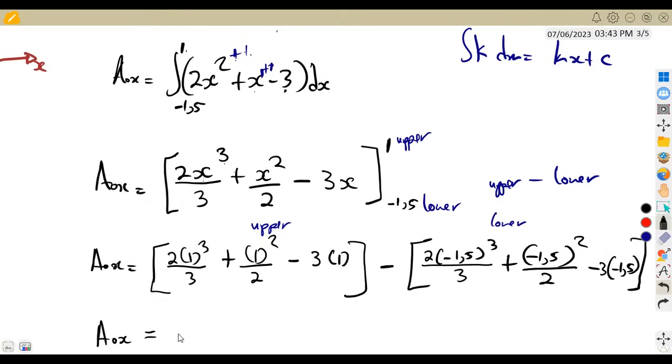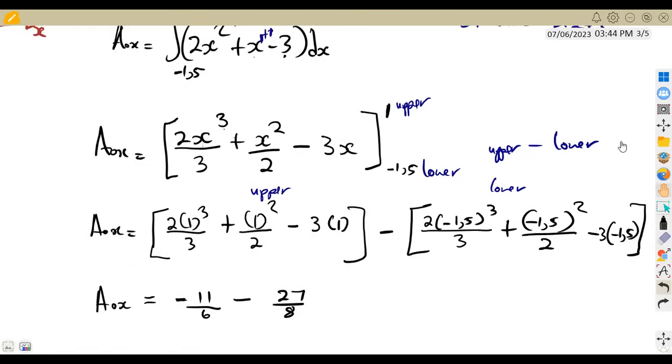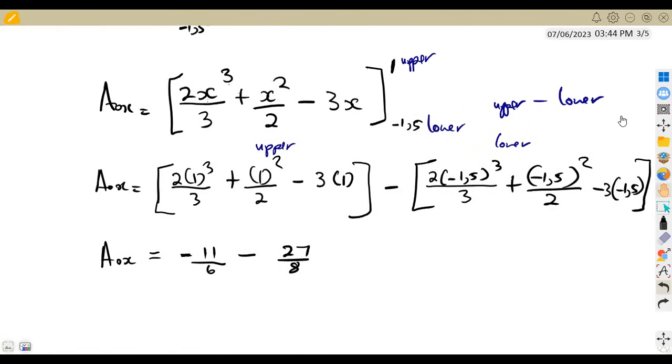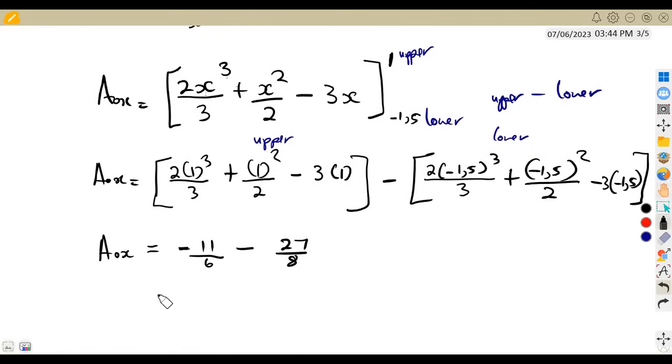So here I obtained something like -11/6, and on this one, negative 27 over 8. If you combine everything, we are going to obtain something like, as a decimal, -5.2083333 and so on.